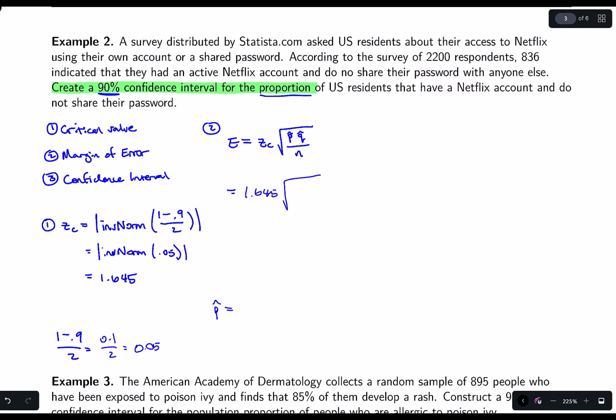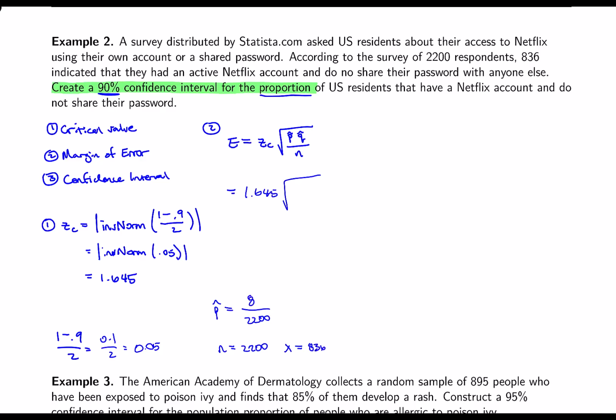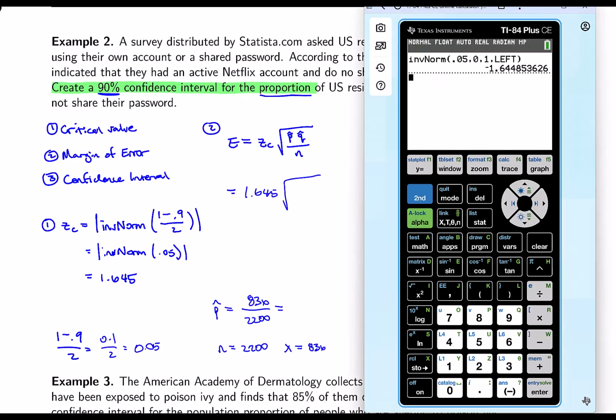So we have 2,200 respondents in this survey, so that is n. And in the survey, 836 indicated that they don't share their password. So the number of people that favor our event is 836. So 836 over 2,200, that's going to be the value of p hat here.